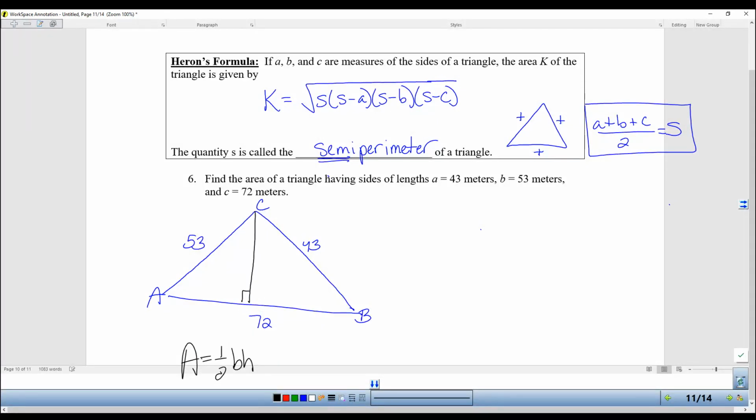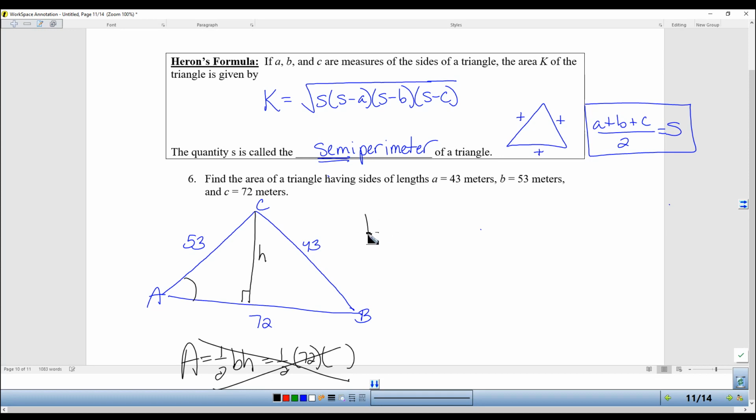Well, the base you'd have would be 72, but in order to find this height, you would have to first find this angle using law of cosines, and then you'd have to find the height using trig. That is definitely more work than you want to do.